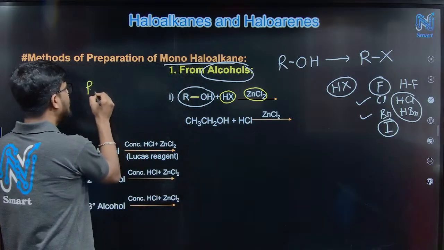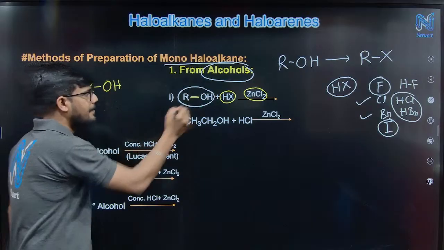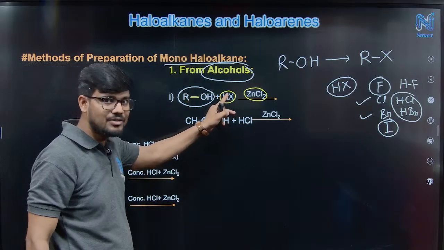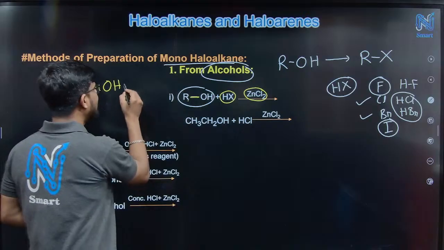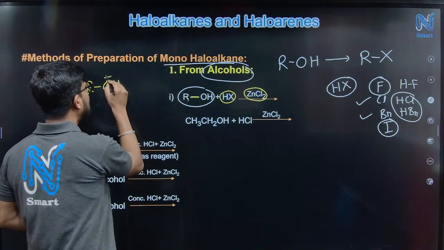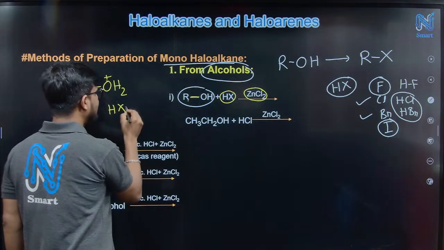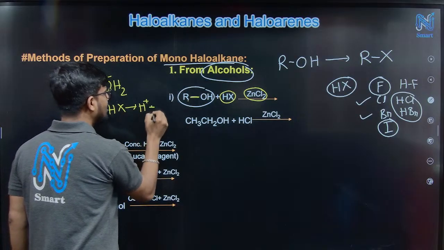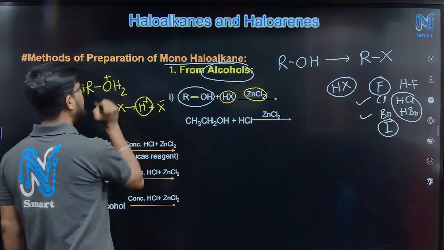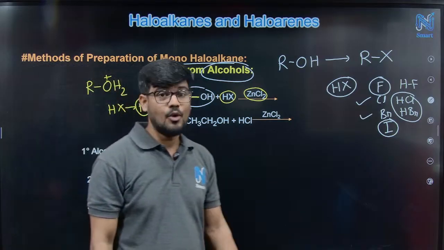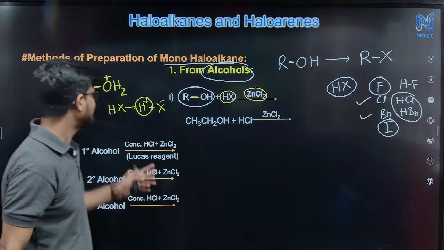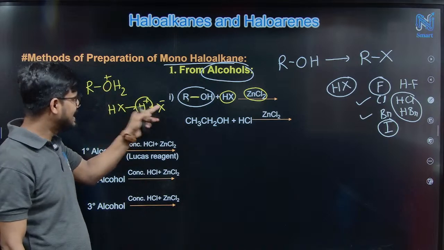So ROH, if we are using HX, then in presence of HX we will get ROH2+, because HX is donating H+ and X-, right? This H+ will be used to protonate OH. Next step, this X- is there.